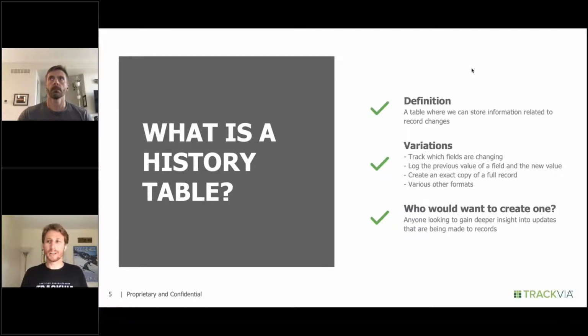So you could click into a record and see all the iterations or versions that that record has ever been in. And there's many dozens of ways, between the simplistic and the robust version, that you can customize and make your own, right? So that really depends on the requirements and what you're looking to accomplish with the history table, but there are many different ways that you can set this up.